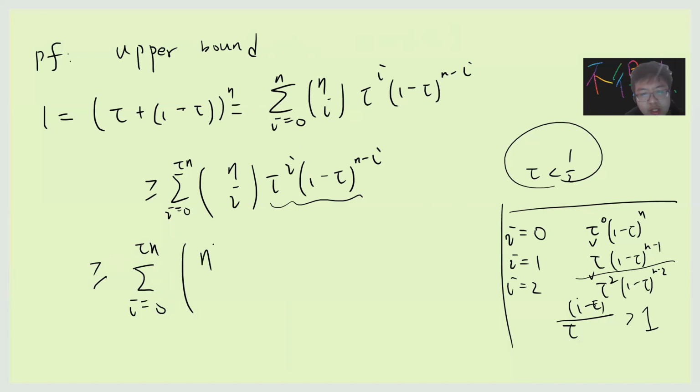So I can just replace i to be tau n. Let's say this is fixed i, and I replace it with tau^(tau n) (1 minus tau)^(n minus tau n).